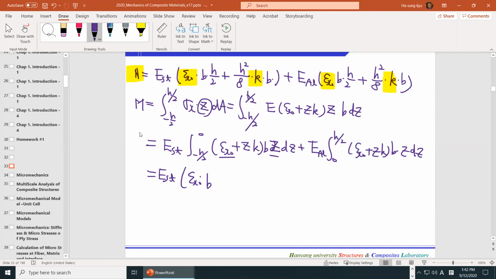Okay, so H square over 8, right? And plus, here we have a twice of z, and times z, so k and b, and H third, so over 12.